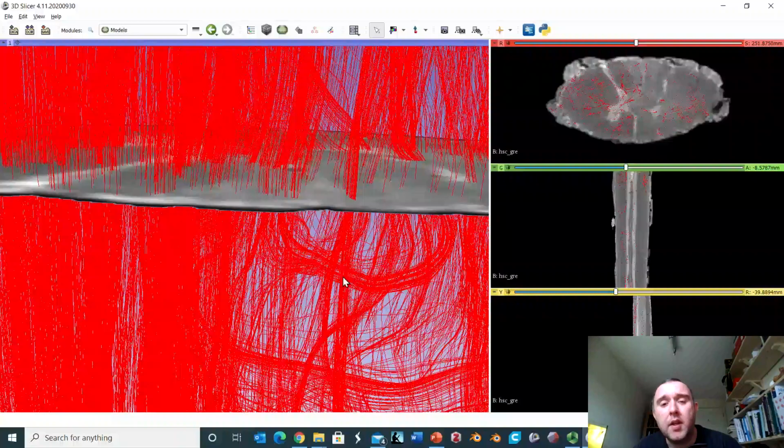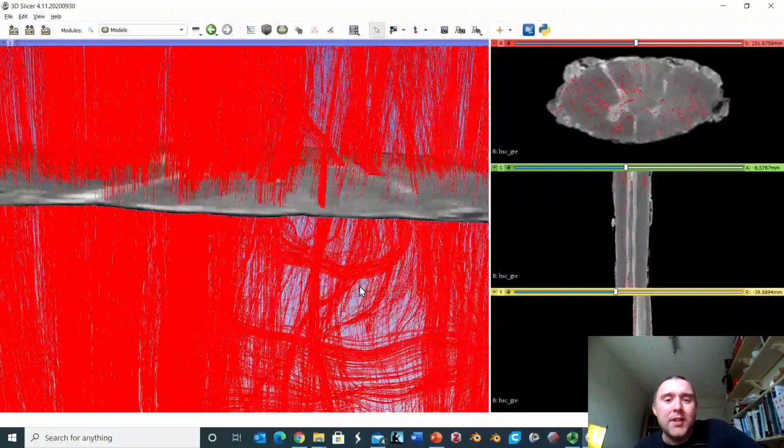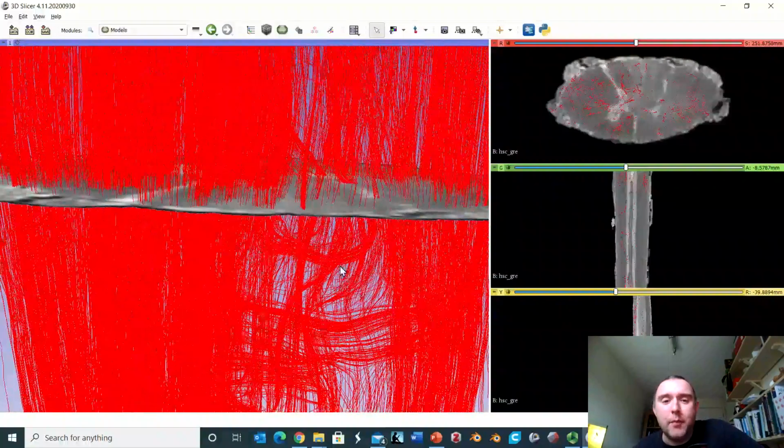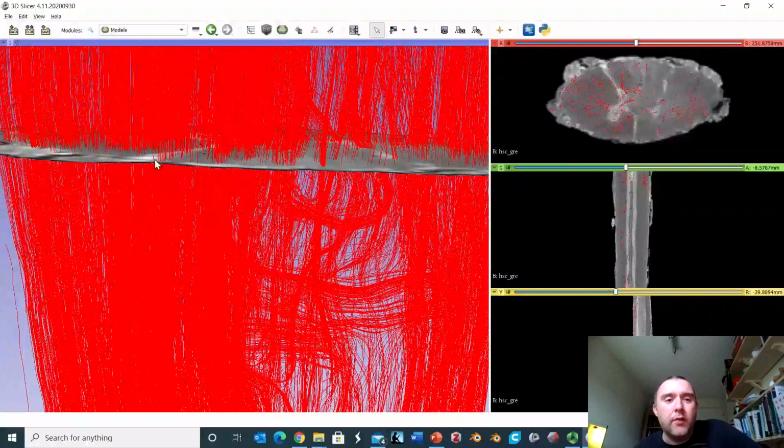So we don't know how this was caused, and in fact there is even a possibility that this could be caused by post-mortem artifact, maybe some damage that occurred during removal of the cord from the body, although there was nothing at all documented to suggest that. So this is just a very interesting aside, demonstrating the beauty of these diffusion imaging data sets, and what they can demonstrate about both the normal cord and the pathological cord as well.